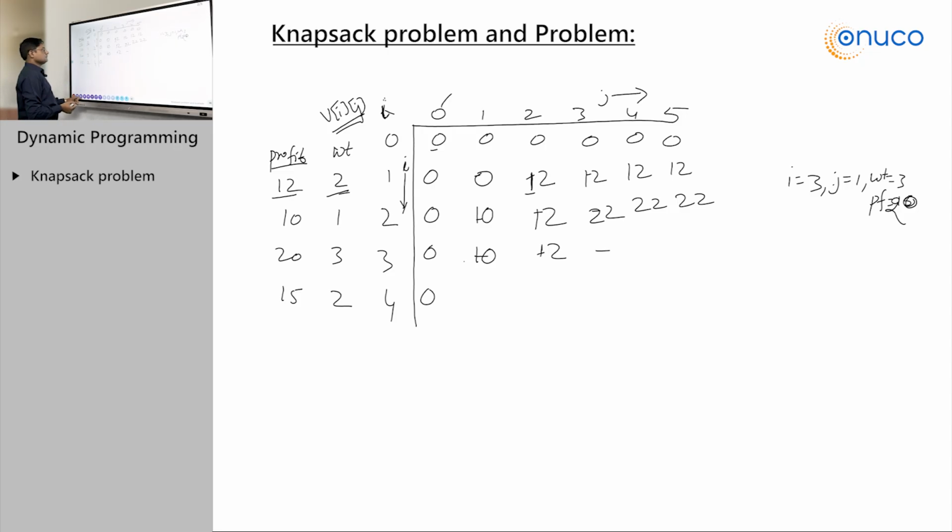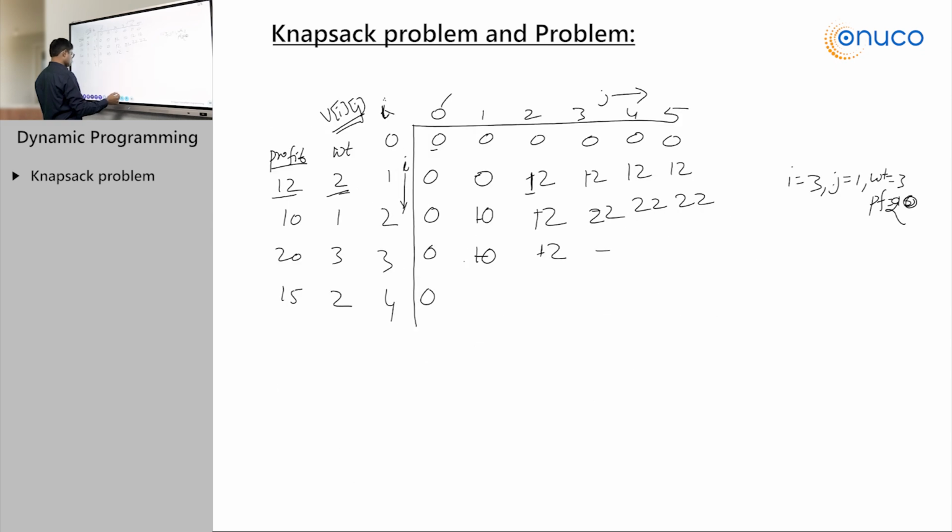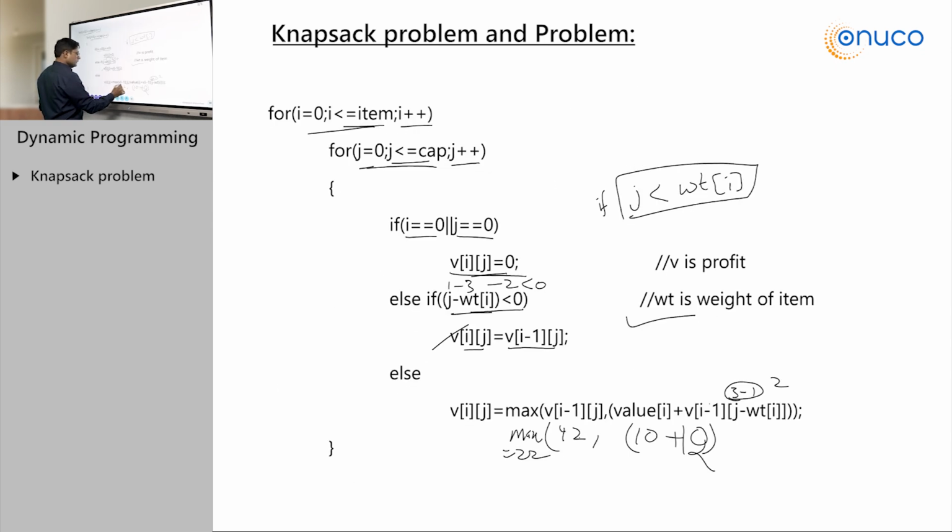Now here we have 3, 3, 0. Now we have to perform the task. For 3, 3, previous row, same column is 22. This value is 22. Previous row, same column is 22, comma. The value of the third element is 20 plus V of I minus 1, previous row, right? 3 minus 1 is 2. J minus W, 3 minus 3 is 0.